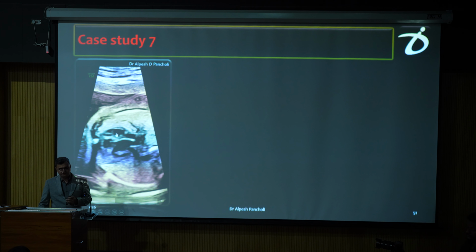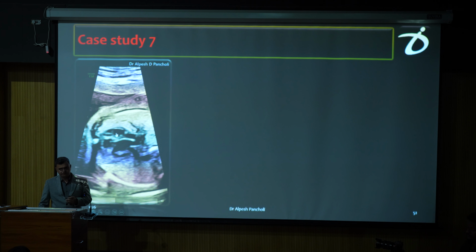So the branching artery is arising from the left ventricle and the arching artery from the right ventricle, and there are parallel outflow tracts. This is the color Doppler loop showing the arching vessel, that is the aorta, arising from the right ventricle.